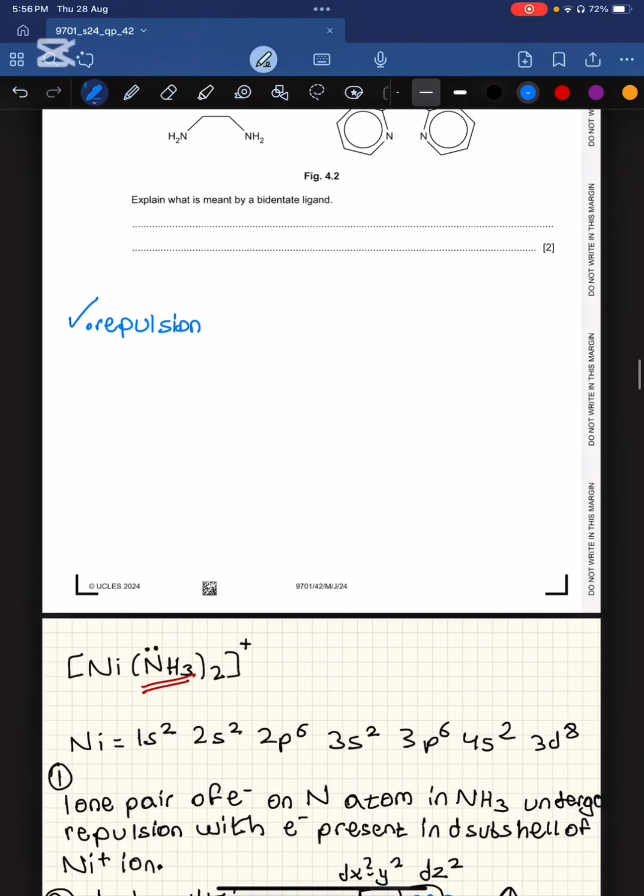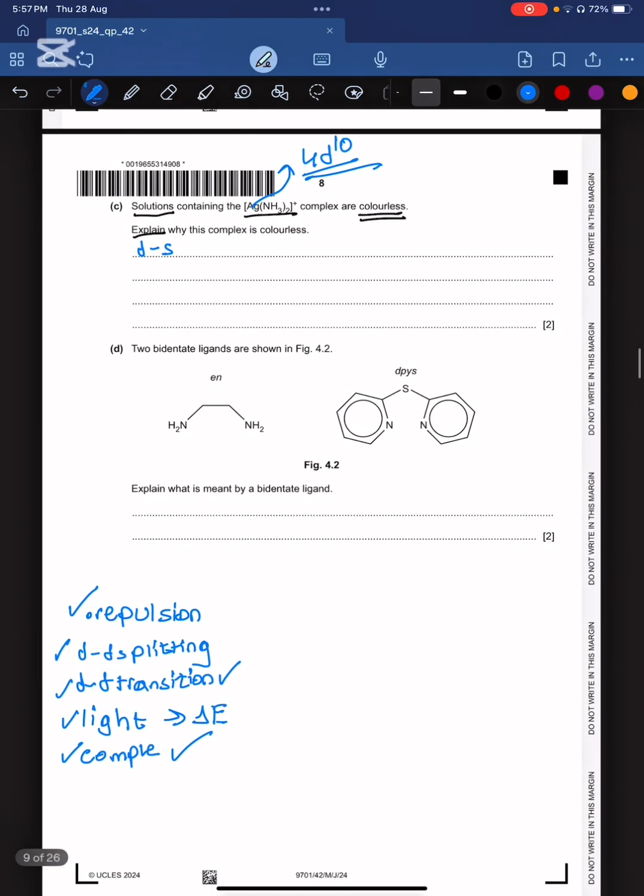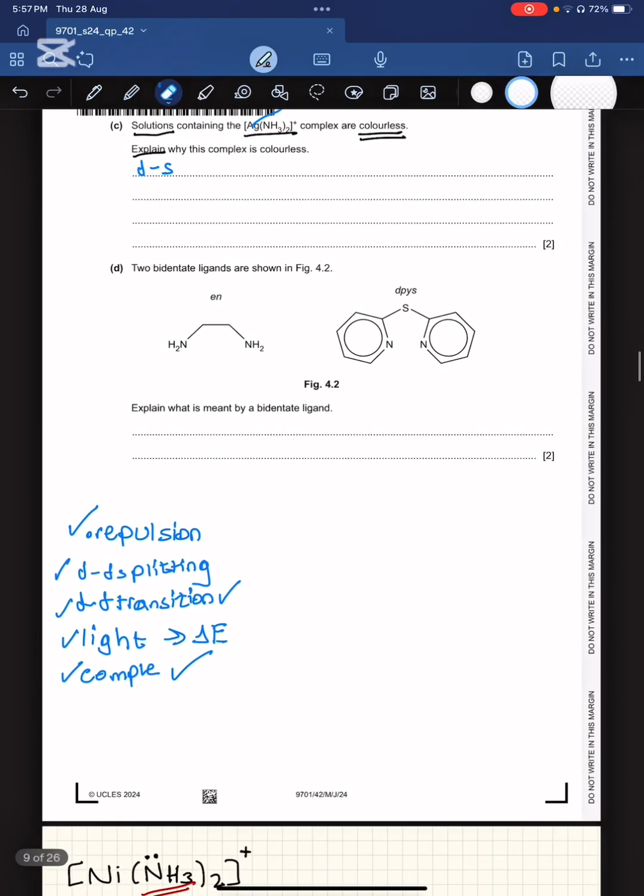When repulsion occurs, d-d splitting occurs. After d-d splitting occurs, d-d transition needs to occur. In order to allow for d-d transition, light of specific energies and wavelengths needs to be absorbed, which have energies equivalent to the delta E value. Once that light is absorbed, d-d transition takes place and the complementary color is reflected. And this is the color which we see of the transition metal complex.